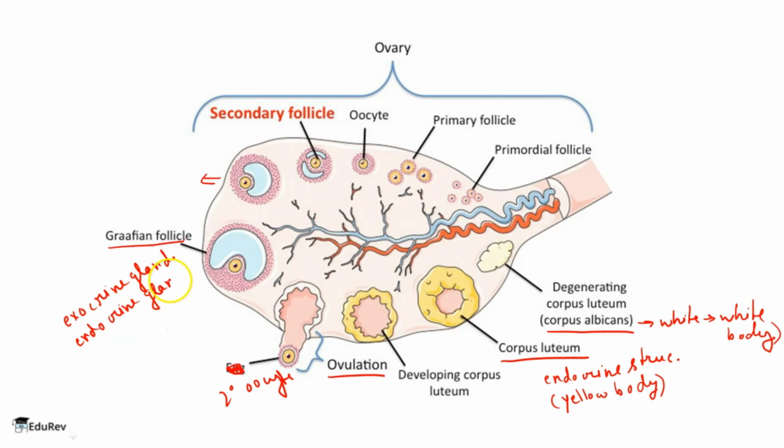Endocrine gland. And this corpus luteum releases estrogen as well as progesterone. Hence here it is working as an endocrine gland. So if the ovary is doing both the work of an exocrine gland and an endocrine gland, it is our heterocrine gland. What is it called? Heterocrine gland.